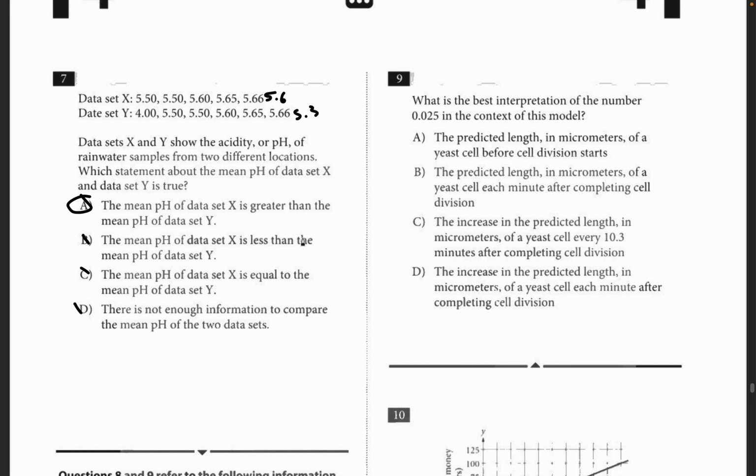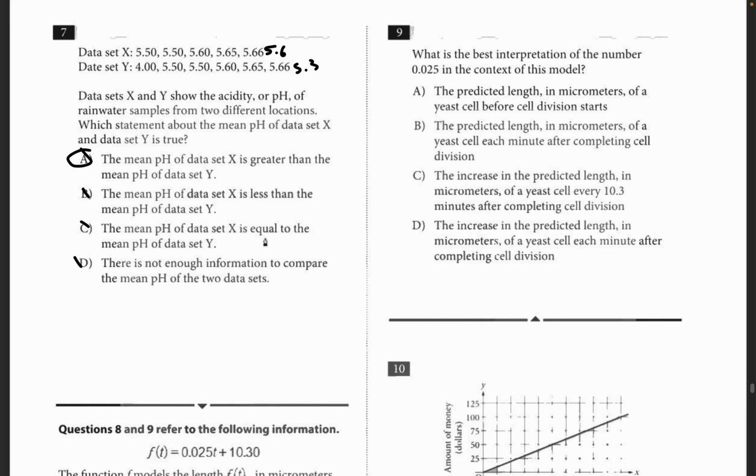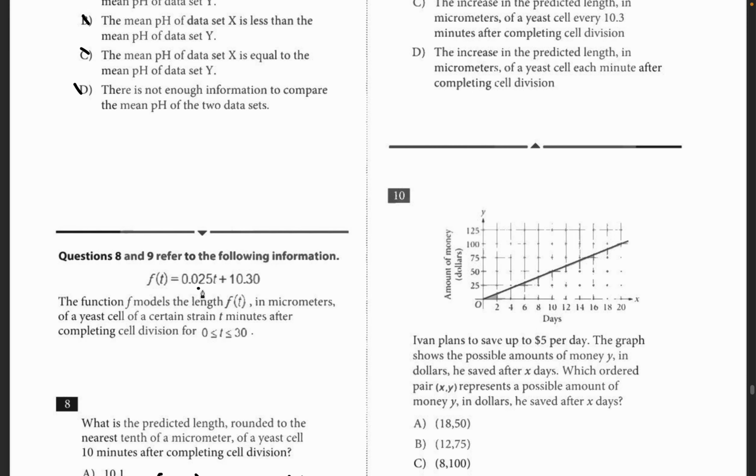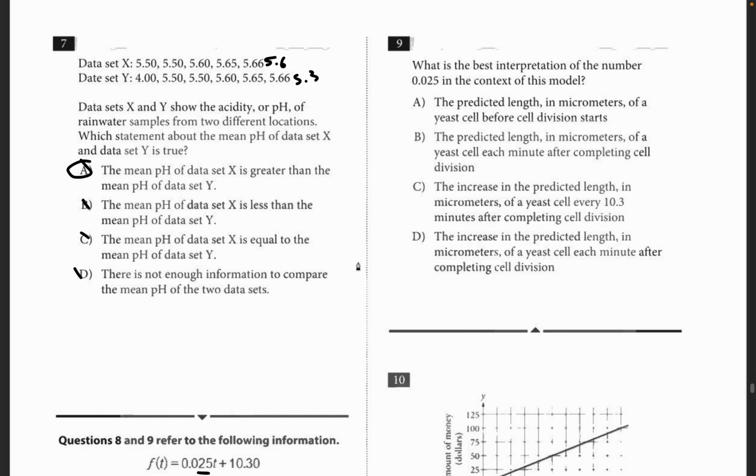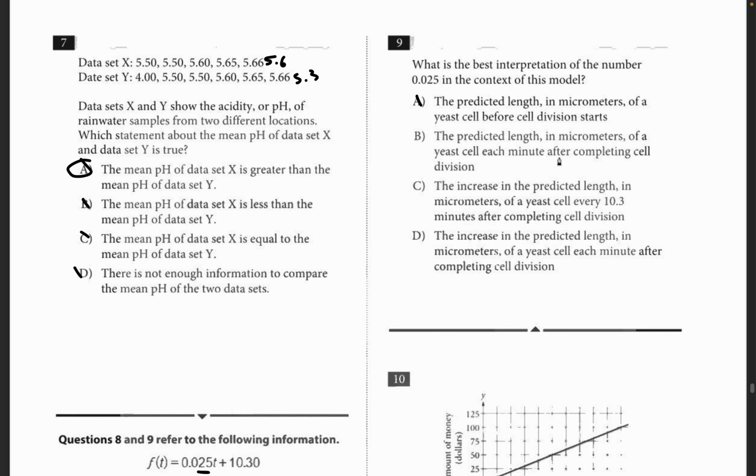What is the best interpretation of the number 0.025 in this context? Well, it's the predicted increase of length in micrometers for every minute in time. Predicted length? No, this is the y-intercept. This is 10.3.